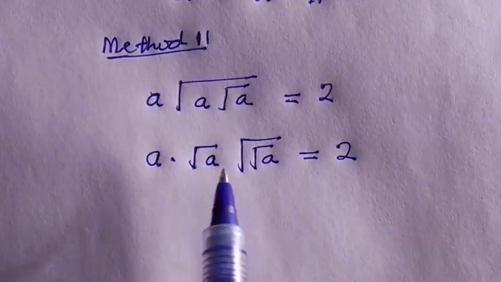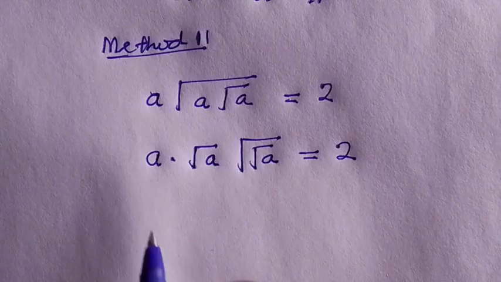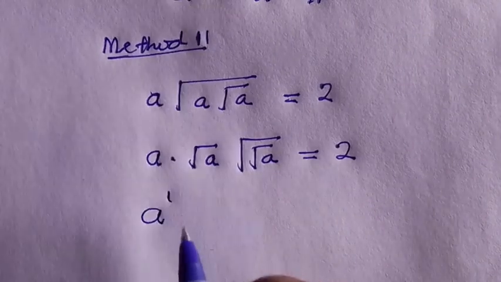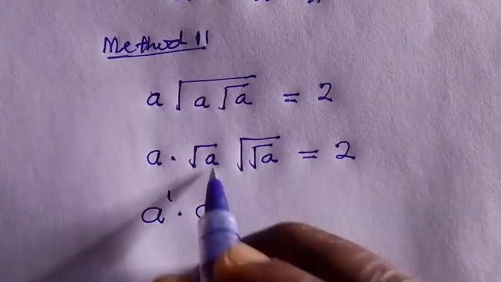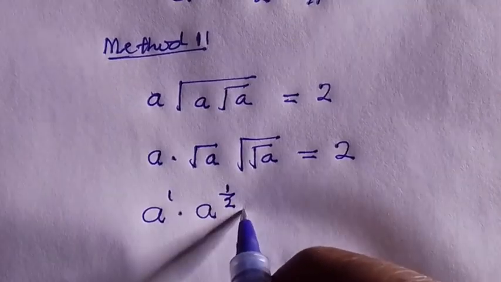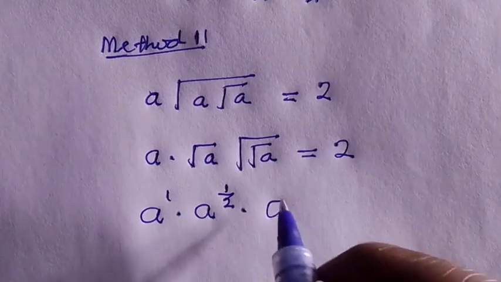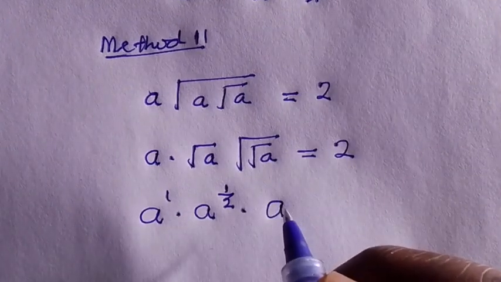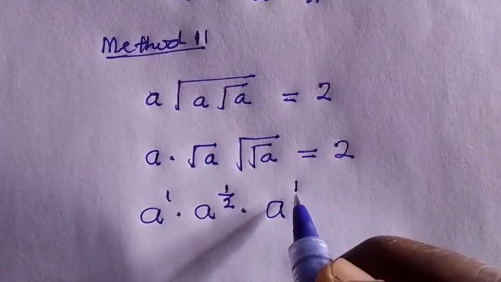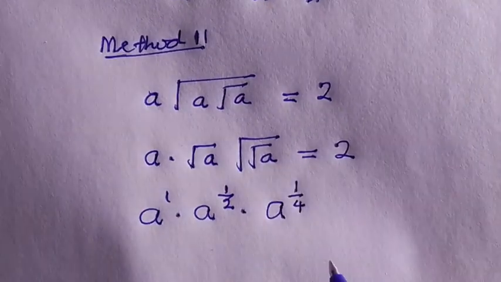As we know, the root is known as the power of half, and a is known as power of 1. So we have a to the power of 1 multiplied by a to the power of 1 divided by 2, multiplied by a to the power of 1 over 2 raised to the power of 1 over 2. That gives us a to the power of 1 divided by 4, equals 2.